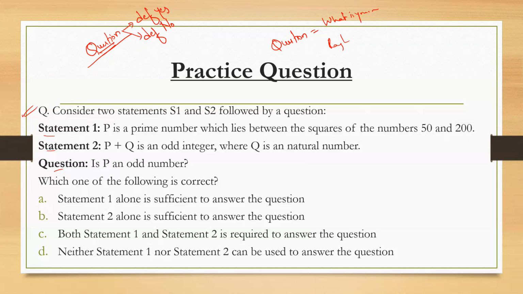Statement one says P is a prime number which lies between the squares of something and something. And statement two says P plus Q is an odd integer. Try this one.